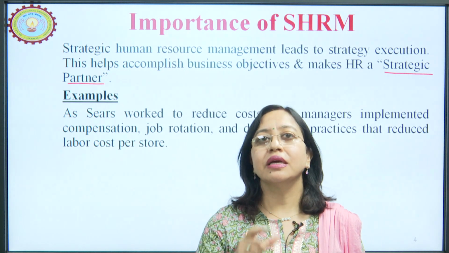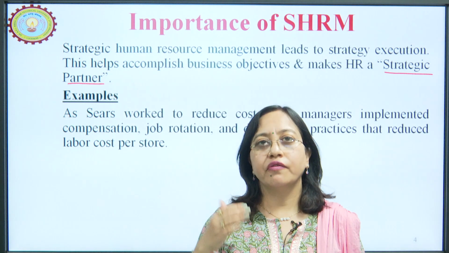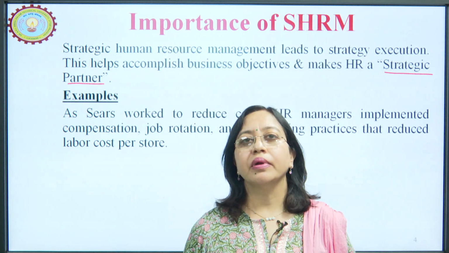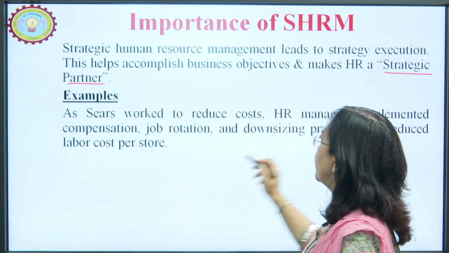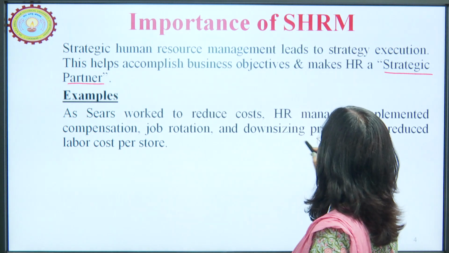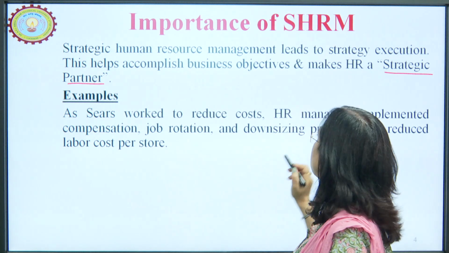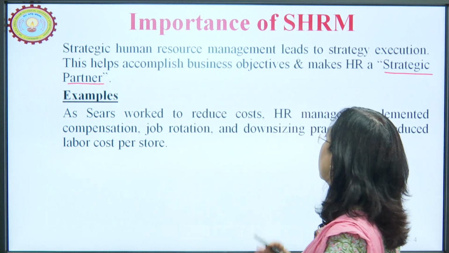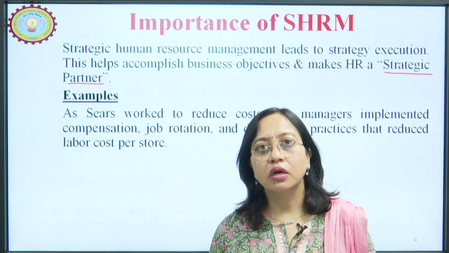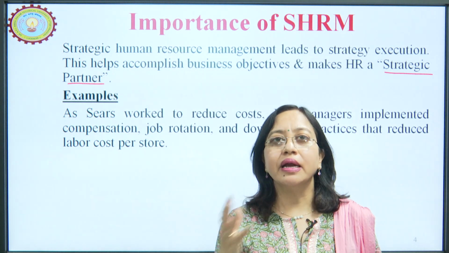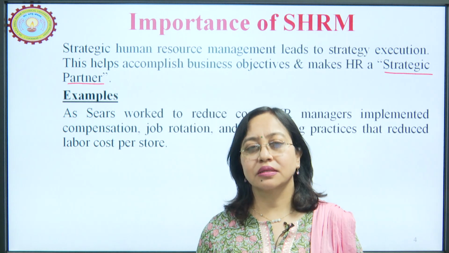Once it had decided on a strategic objective of bringing down the cost, SHRM started working with it, and HR managers implemented compensation, job rotation and downsizing practices that reduced labor cost per store, because once you go for job rotation, the per unit labor cost reduces because people become multidimensional, multifaceted, they can handle more than one task.